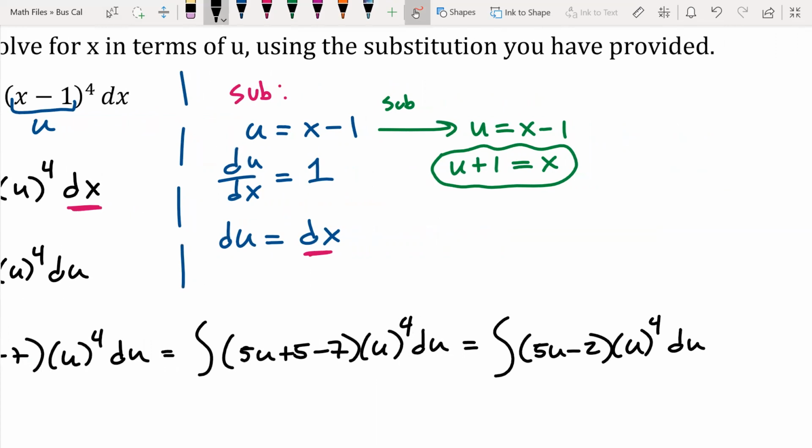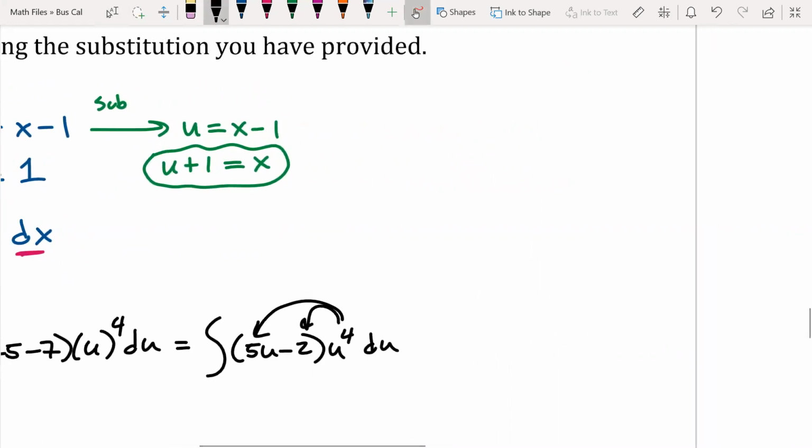Almost there. I'm going to just rewrite u to the 4th as regular old u to the 4th du, because now what we're going to do is take u to the 4th and distribute it here and here. So this means we now have the integral of 5u to the 5th minus 2u to the 4th du.